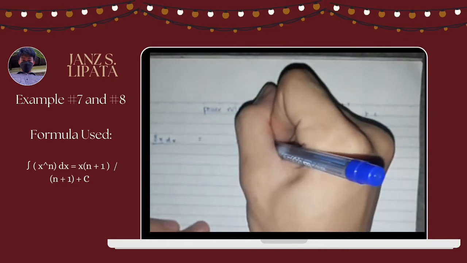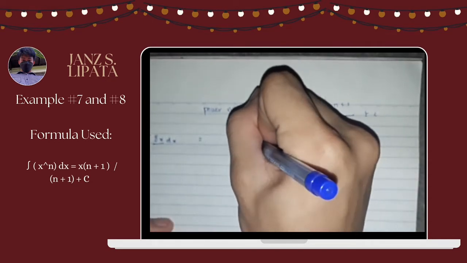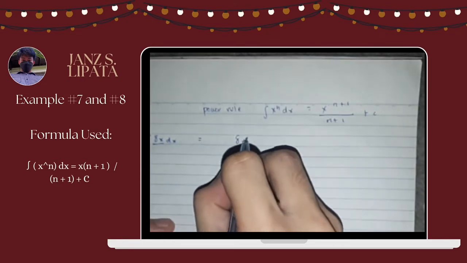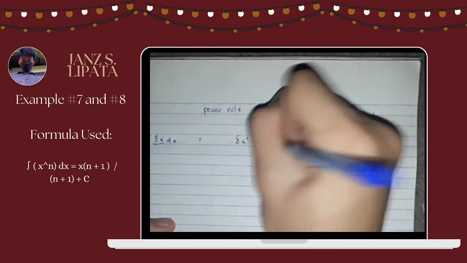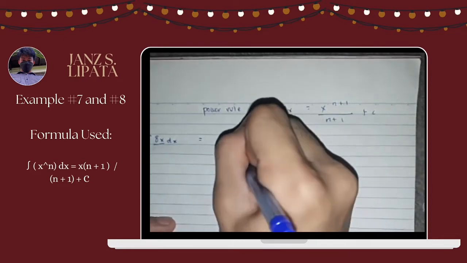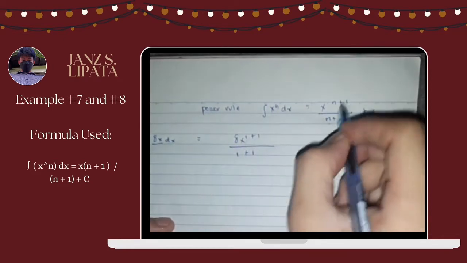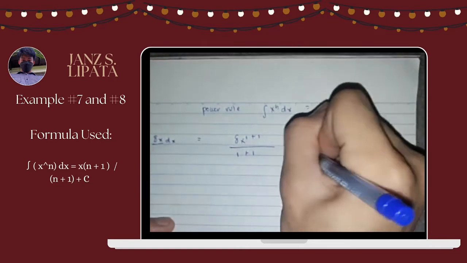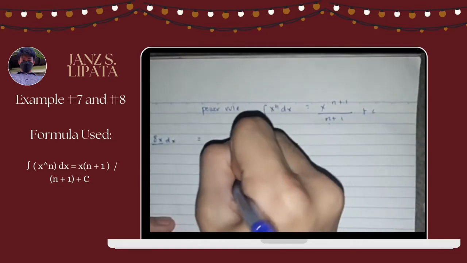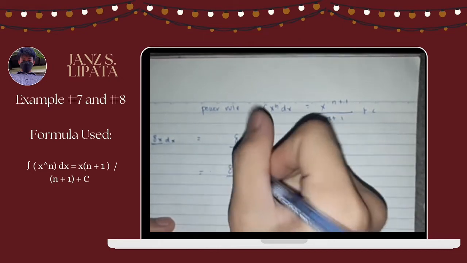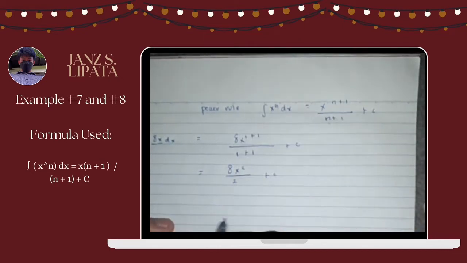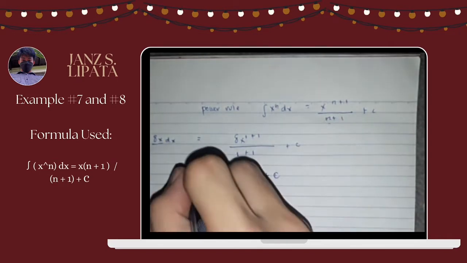And then in 8x there's always an invisible exponent of 1, and that's the n, and plus 1, and then copy the 1 plus 1, because n plus 1 is the denominator plus c. Then simply add: 8x squared over 2 plus c, and that's the answer.